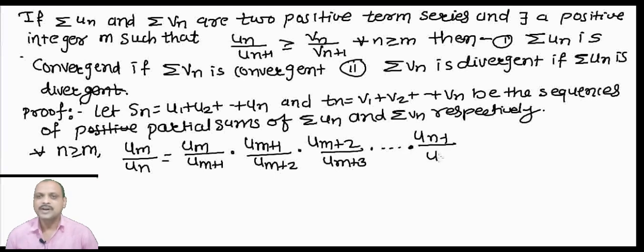Now um divided by um plus 1 is greater than Vm divided by Vm plus 1.